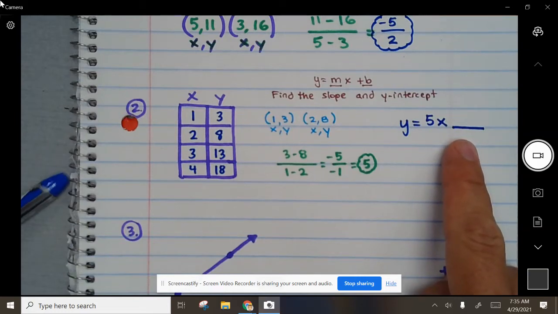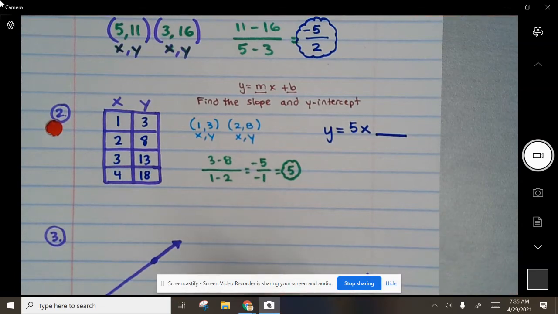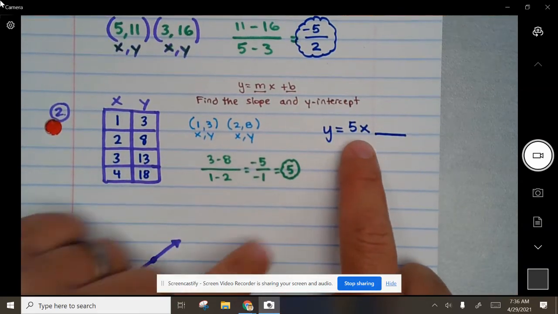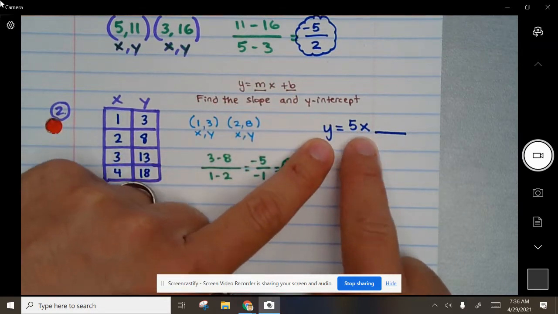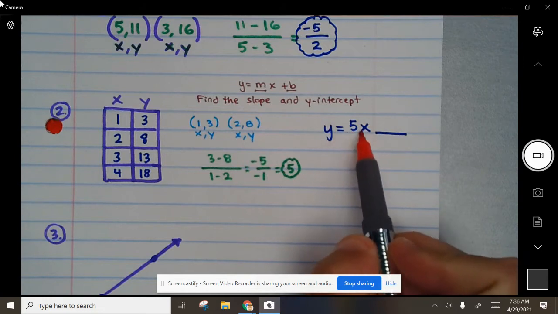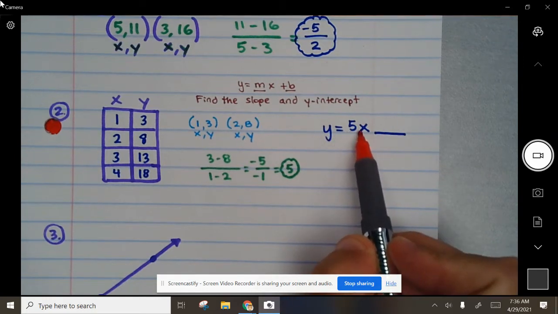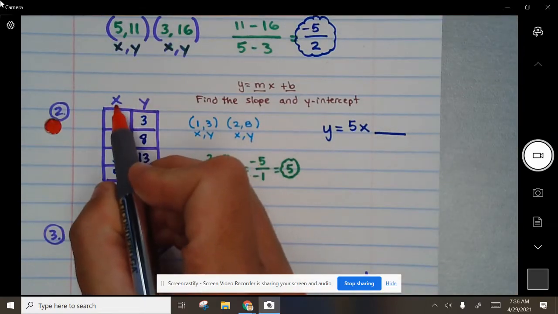Now, the best way you can look at this, I really need you guys to understand the conceptual part of this. When you look at this kind of formula, when you look at an equation, you know this is a slope. You just figured out the slope. What does this x and y have to do with anything? Where have I seen x's and y's before? X and y, x and y.